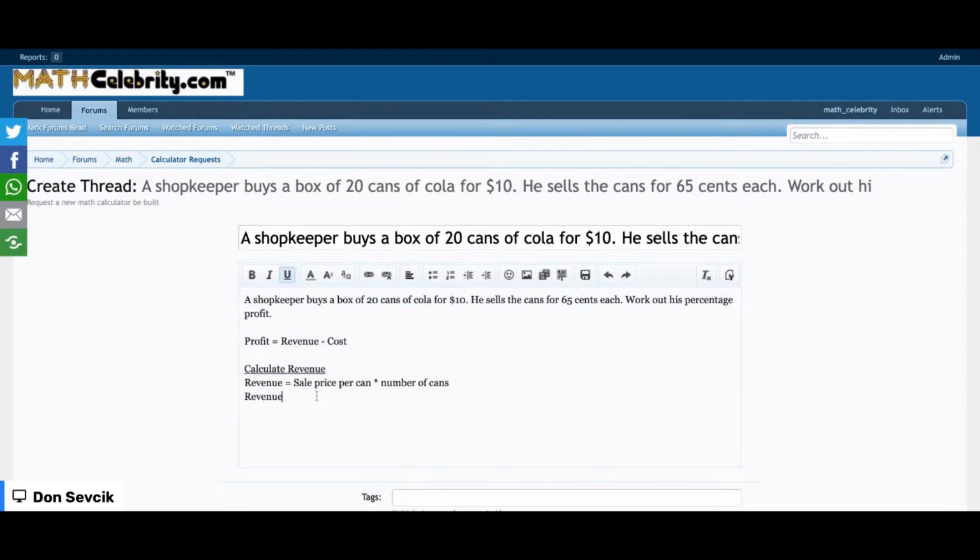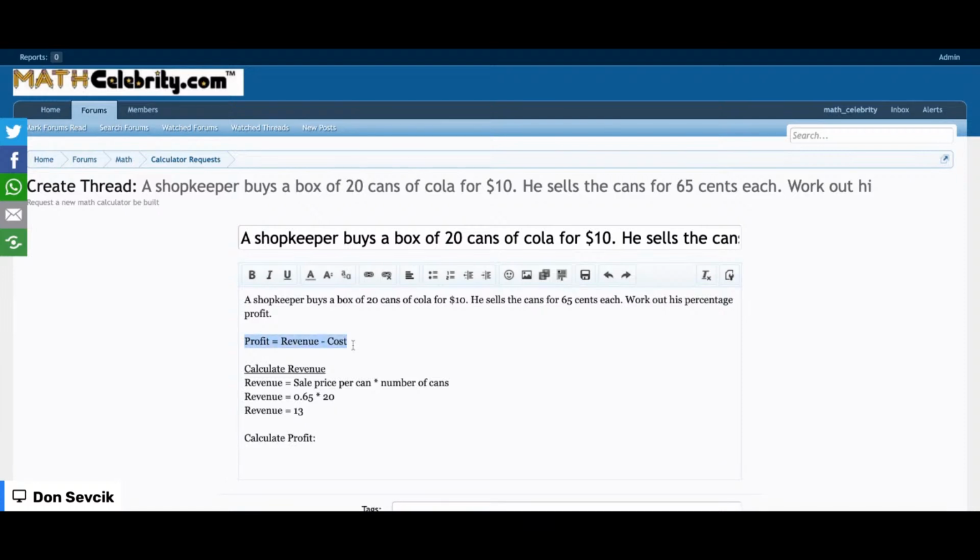Let's just do this nice and easy. Equals sale price 0.65 times 20. Revenue equals, calculator because I'm lazy, 13. Okay.